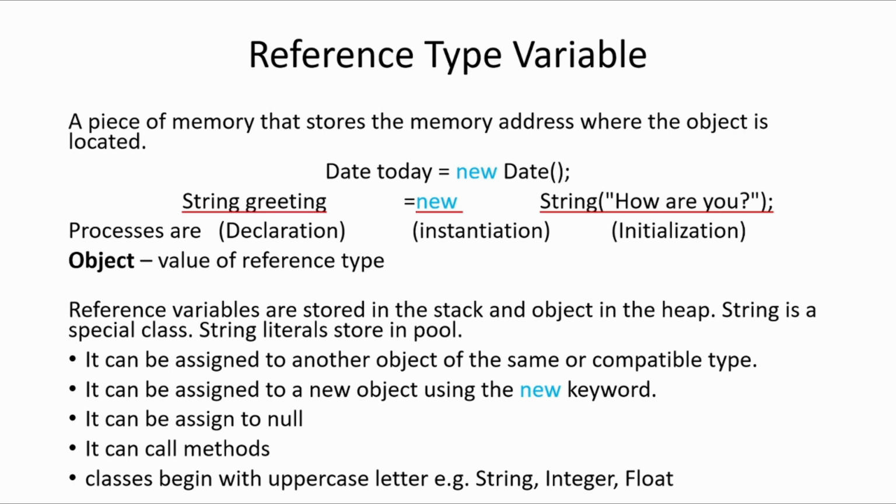Primitive type variables have only declaration and initialization. This also has instantiation. Why do we need instantiation? Because we need the place in memory. Reference type variables are stored in the stack, as I said, and the object in the heap. Think that this reference type variable is in the main method.